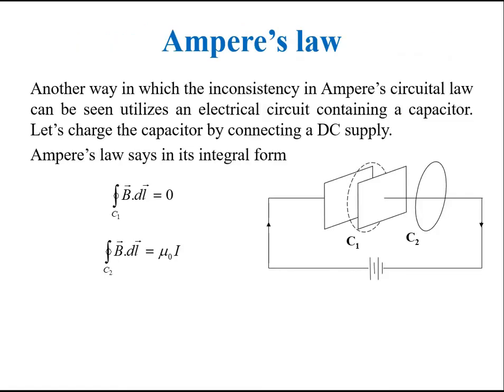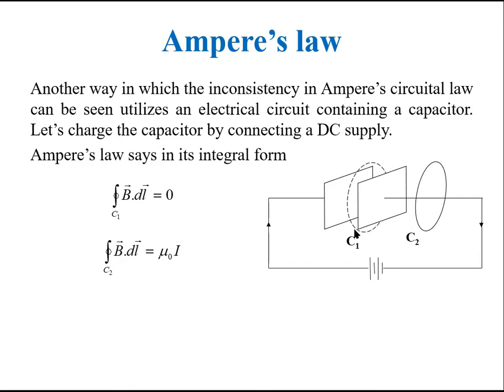You can see the inconsistency in Ampere's law with an electrical circuit having a capacitor. Let us draw two Amperean loops C1 and C2 respectively inside the capacitor and outside the capacitor.